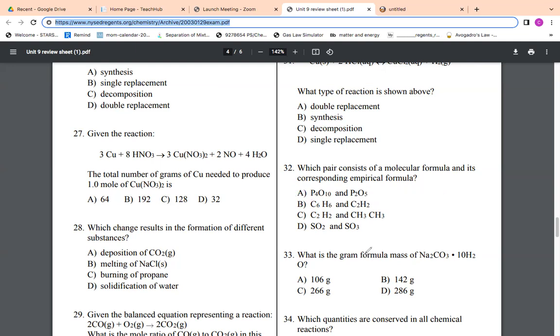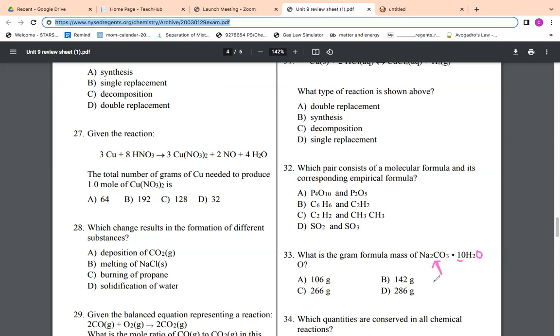All right, 33. What is the gram formula mass of sodium carbonate? And this O should be over here, so it's really H2O. Now, what this means, and you might see this sometimes, is that you have this ionic compound being hydrated or surrounded by 10 water molecules.